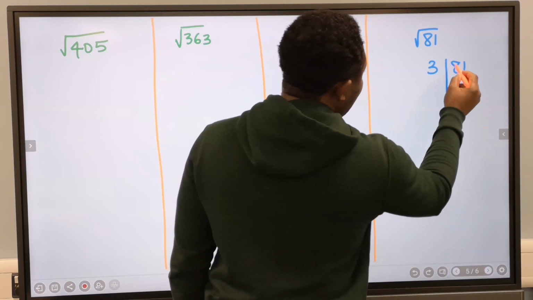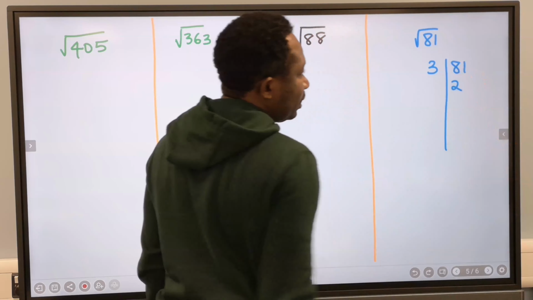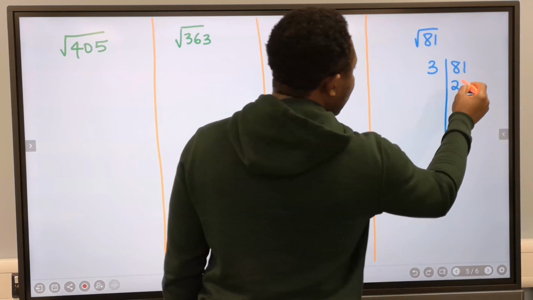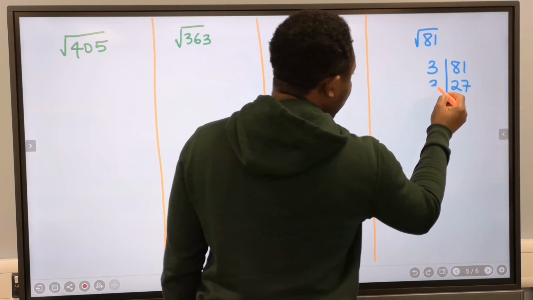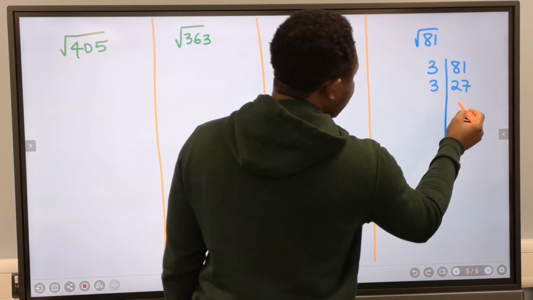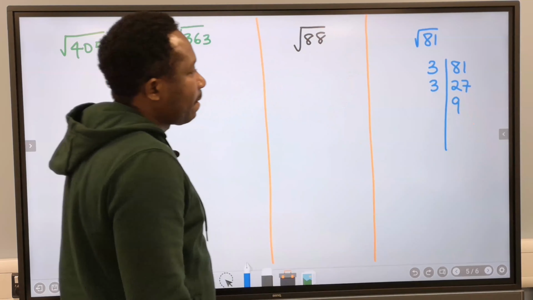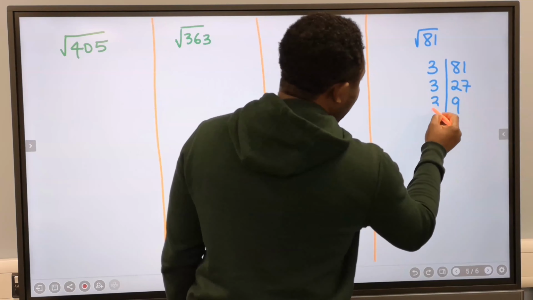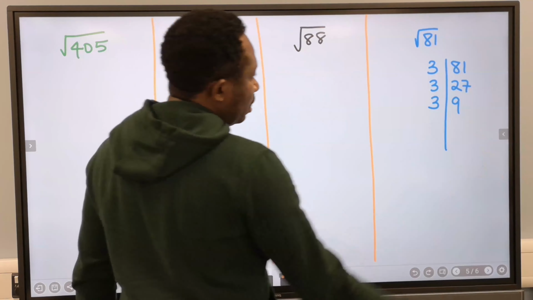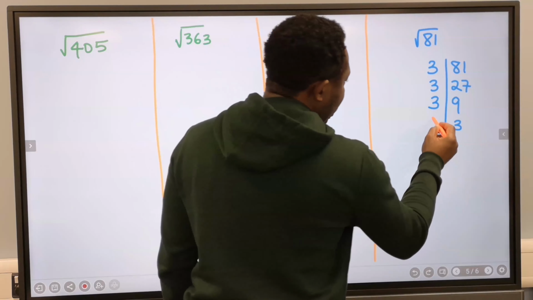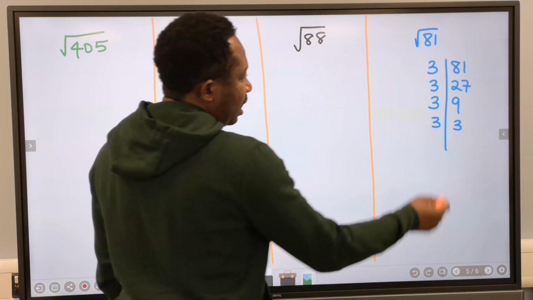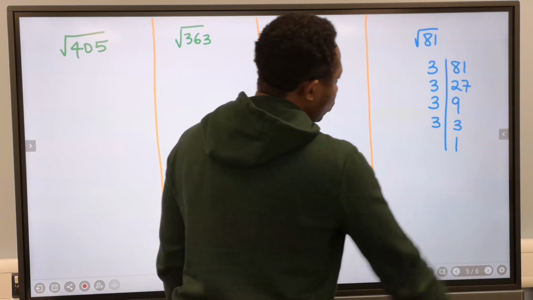That remainder, we are going to put it to have 21. 3 into 21 is 7. Next, 3 can still go here. 3 into 27 is 9. Next, 3 can still go. 3 into 9 is 3. Next, 3 can still go. And 3 into 3 is 1.